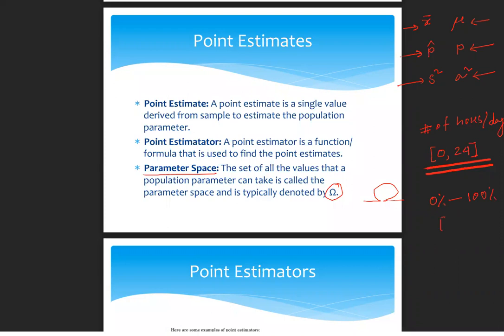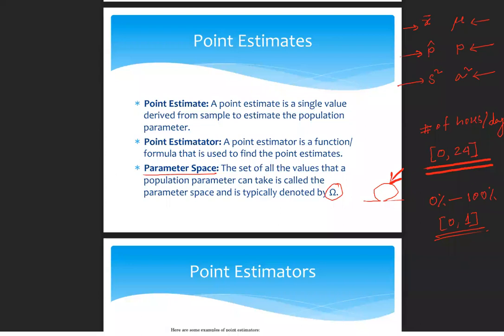So 0% is 0 and 100% is 1. So it is between 0 and 1, not 100. So the space for the parameter is dependent upon the context, what you're talking about. Okay, what is the context that you're talking about?